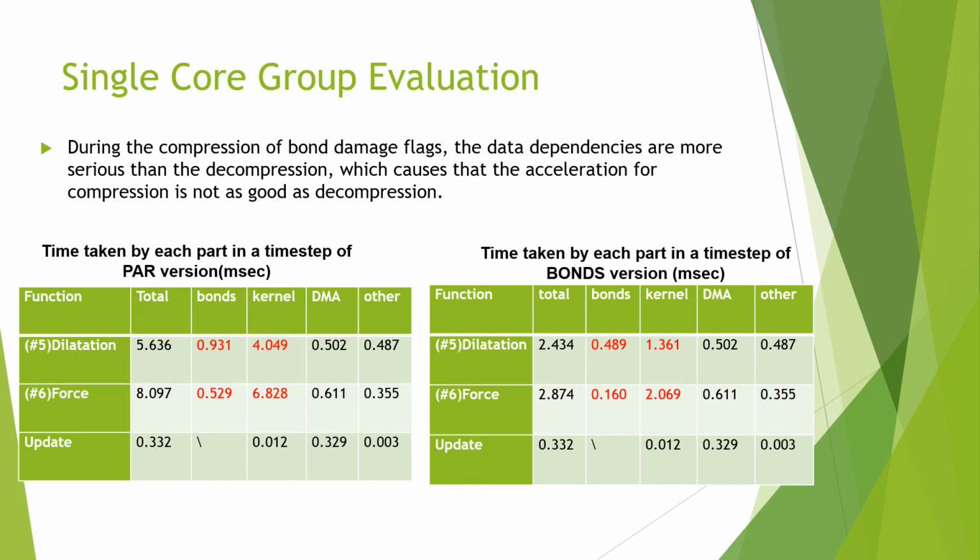It is because in the deletion part, both compression and decompression are needed, while only decompression is needed in the first part, and the speed up of compression is relatively low because of data dependencies.